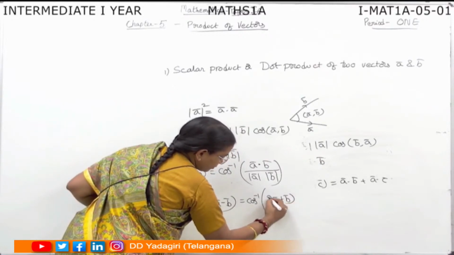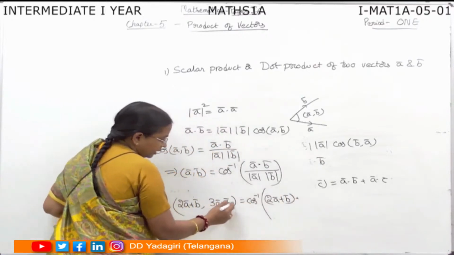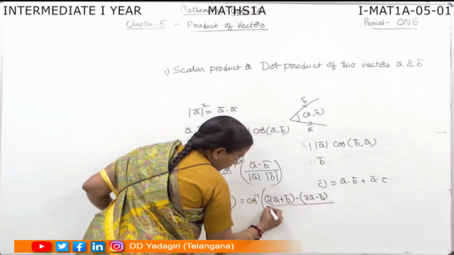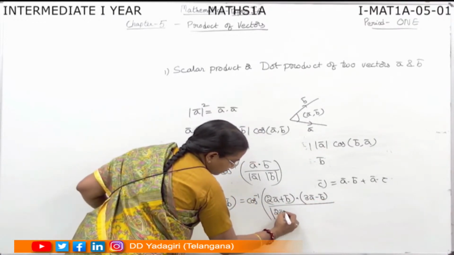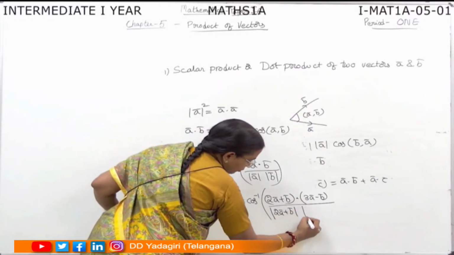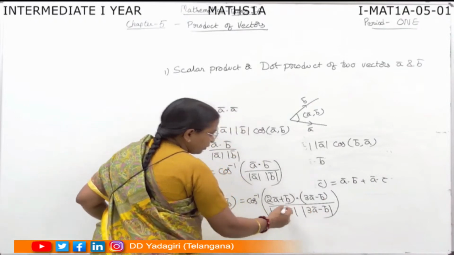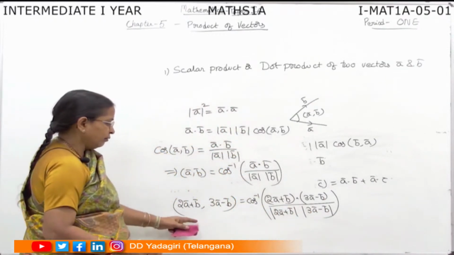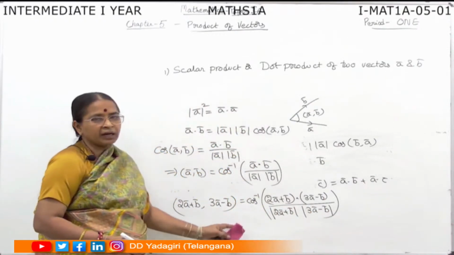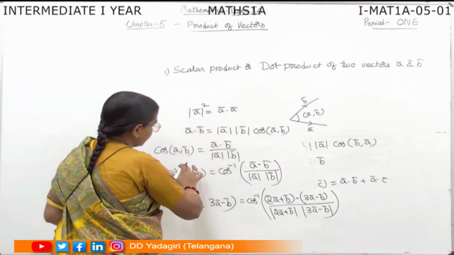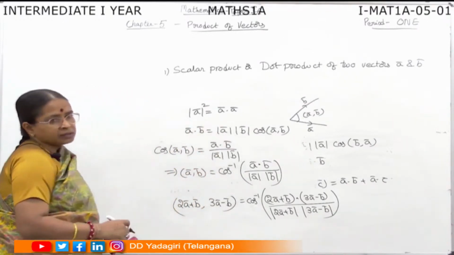So 2A plus B dot 3A minus B by mod of 2A plus B into mod of 3A minus B. So like this, according to the problem, we'll write the formula and then we'll find the angle between the vectors.